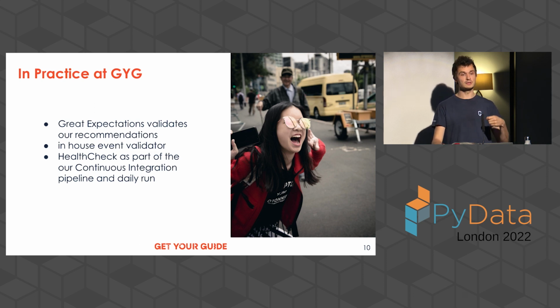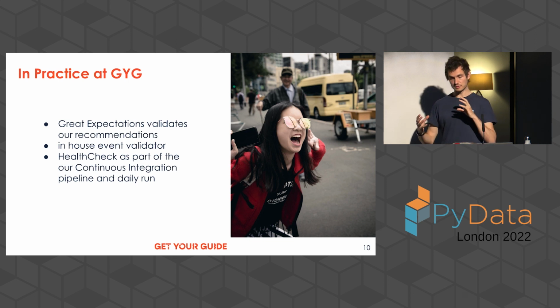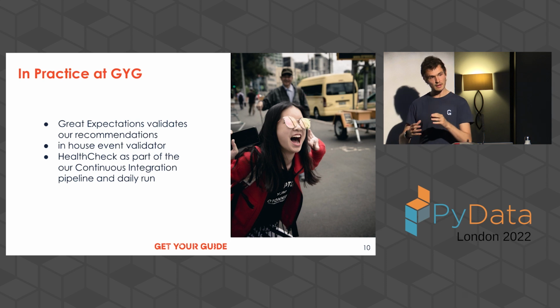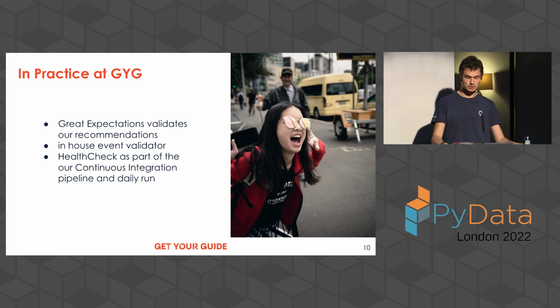You get this feedback loop of getting production data, making sure it's sampled to the right size so it can run in a few minutes, and making sure that with a new version of the code, we do not break any vital expectation that we have.